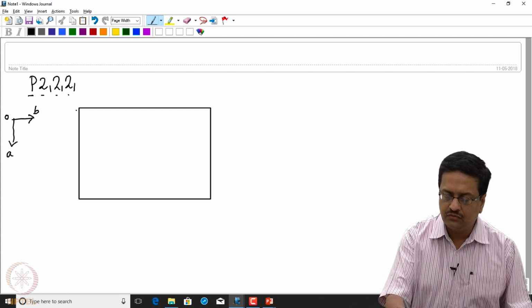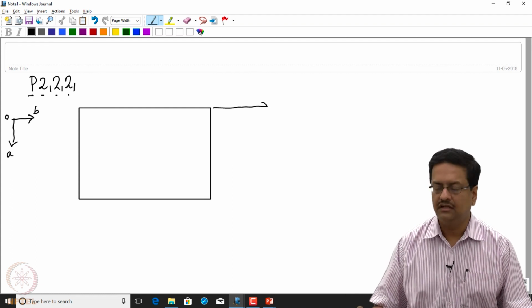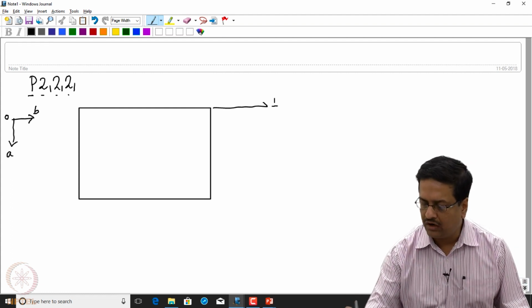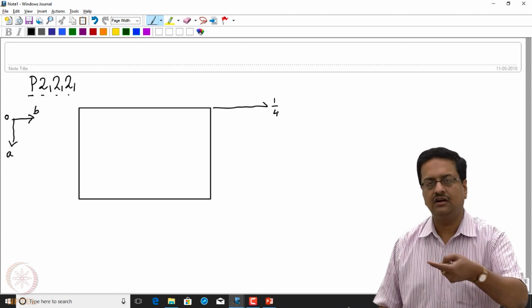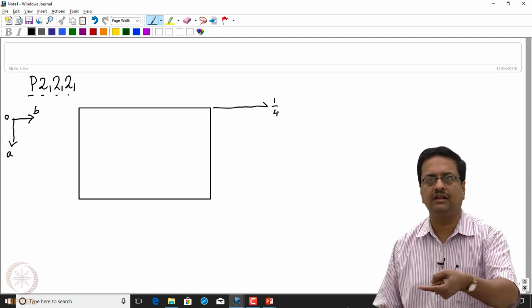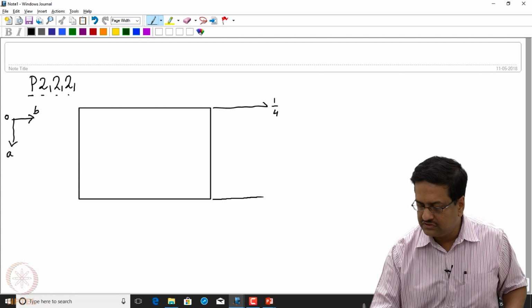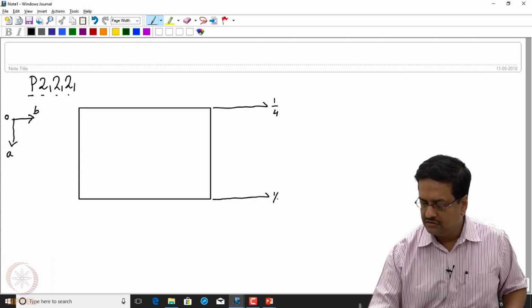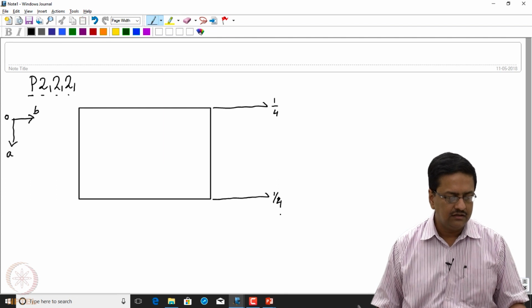So the screw which is along B is drawn here and I write 1/4 indicating that this is not on the plane of projection, rather it is 1/4 above the plane of projection. So we have two such 2-1 screws in this.